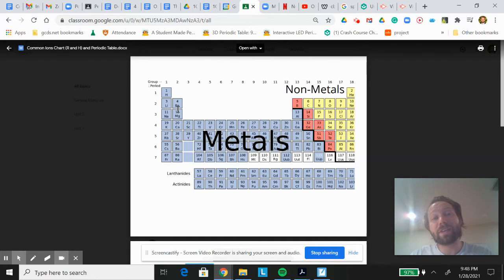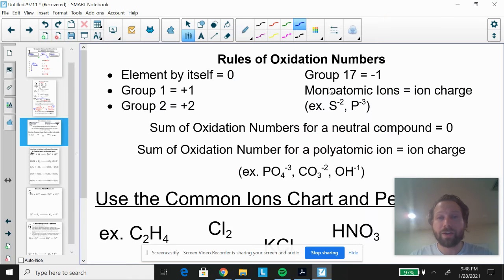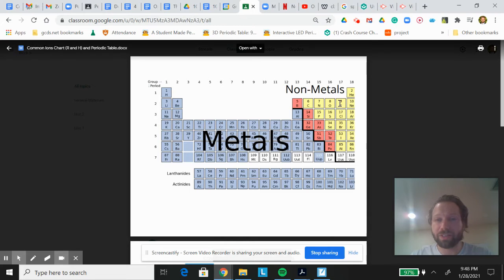And then the second group will have a +2 charge. And then as it says in the notes here, over on the right-hand side, group 17 is going to have a -1 charge. 17 is all the way over here with fluorine, chlorine, bromine, iodine.